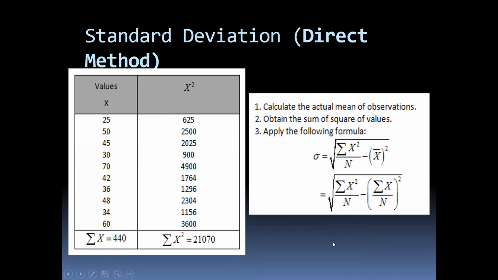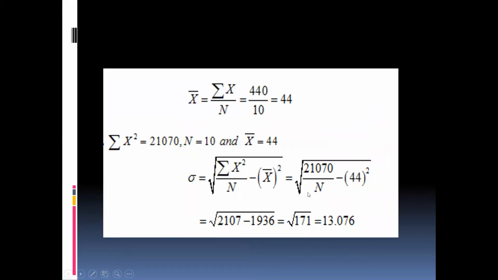So when we substitute the values, you can see mean is 44. By substituting the values, summation x square is 21,070 upon 10, which is 2,107, minus 44 square. 44 was the mean. 44 square is 1,936.